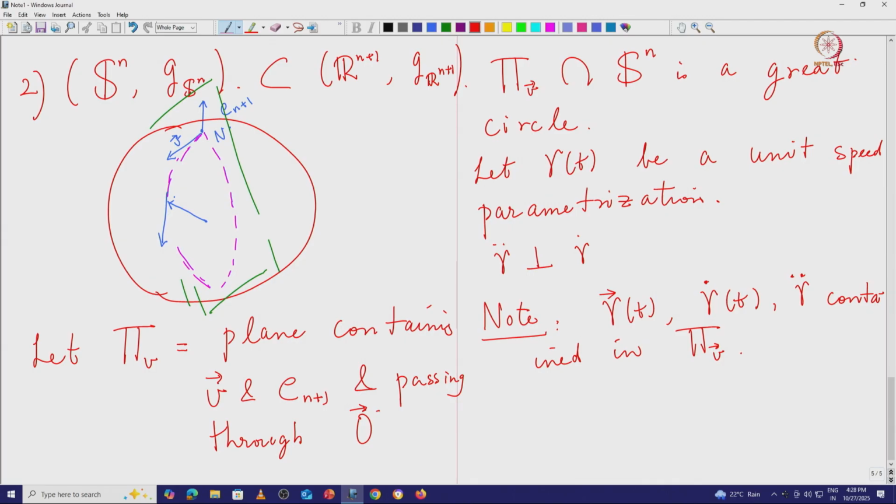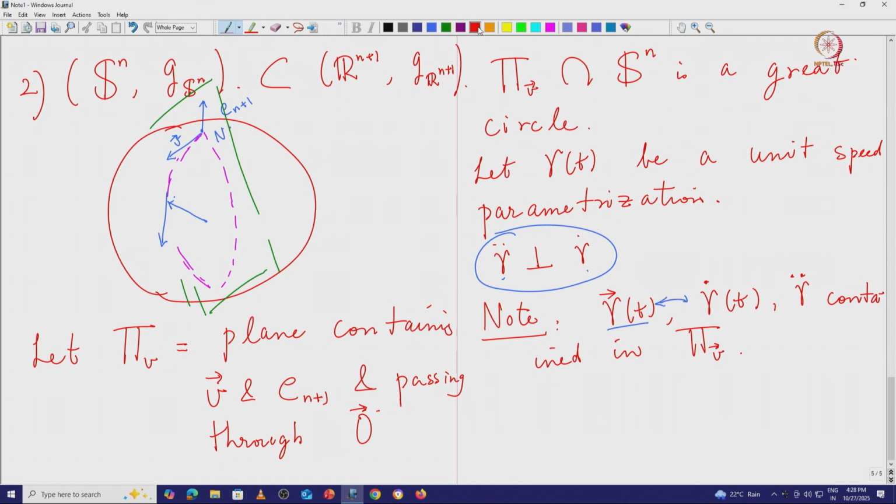So because a plane is two dimensional, we have three vectors here and two of them are linearly independent. Also these two are linearly independent.